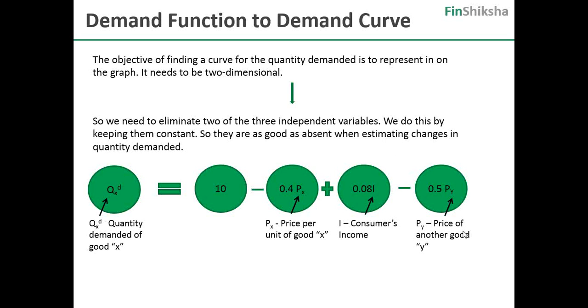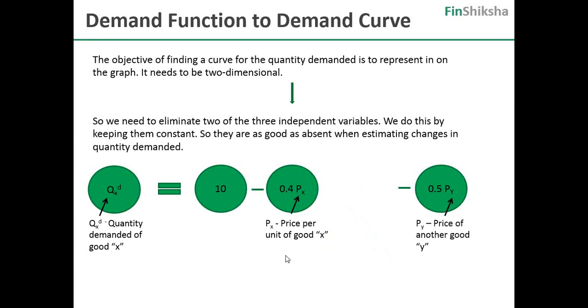So we fix the income and we fix the price of Y. Once we fix these, both become constant and get added to this item, and then we have a clear relationship between quantity and price. Correct? Remember, we are not ignoring them, we are fixing them.